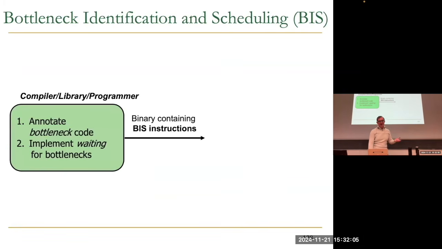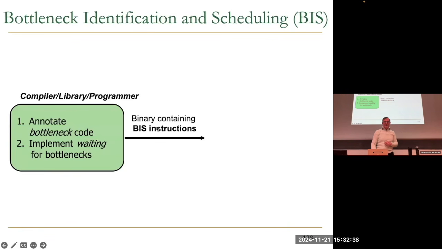Okay, so how are we going to identify the bottlenecks? That's a key question over here. So we're going to do, again, a hardware-software cooperative approach. Compiler, library, hopefully not the programmer, but if they wish, the programmer can annotate the bottleneck code, and we will see what kind of annotations we use, and they're going to implement waiting for bottlenecks. This implementation of waiting will associate a counter with each bottleneck, and that counter will count how many waiting cycles this bottleneck causes for different threads.